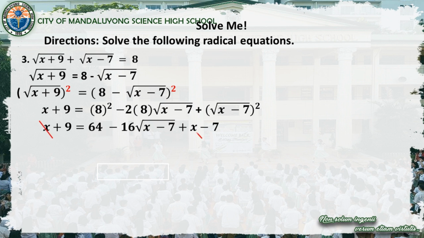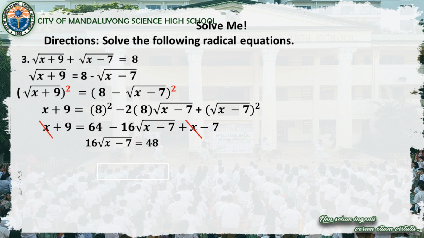And then we cancel out x. Cancelling out x here is just the same as adding both sides of the equation by x. And so after simplifying all these terms, we'll end up with a new, a little bit simpler equation, unlike the first one, which is 16 times the square root of x minus 7 is equal to 48.